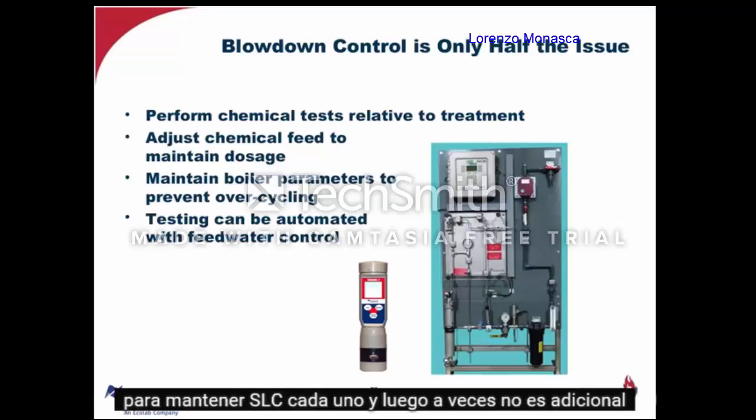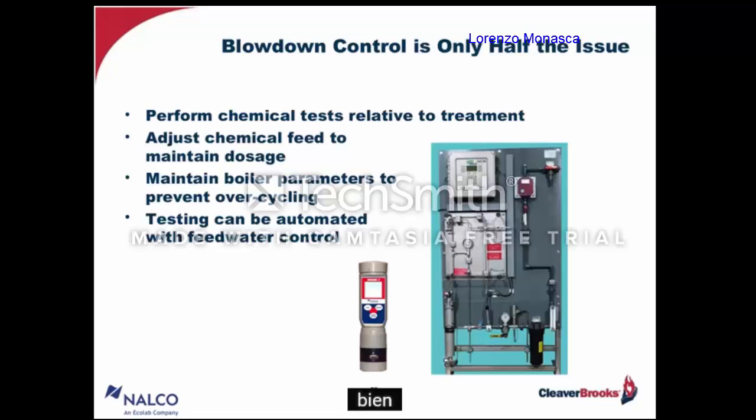And then sometimes there's additional parameters that you have to run just to make sure that you're not overcycling, or that those parameters, and that would be like silica and things of that nature, are in control. So testing can be done manually, or we can automate it. And I've got a manual version of some of our test equipment on the left and the automated version on the right there.